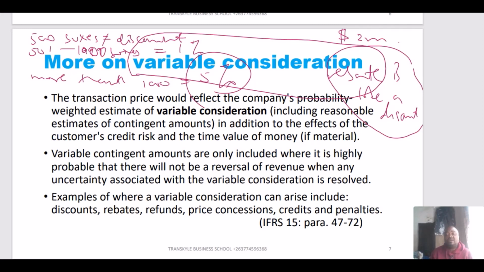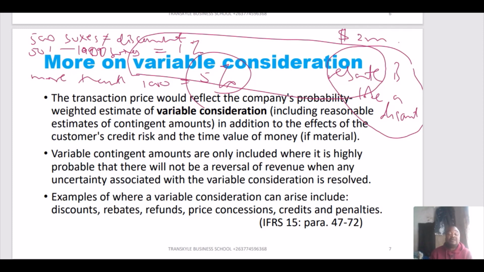That fits within the category of variable consideration, because if the customer has the ability of meeting that threshold, then we need to expect a non-static, or non-fixed consideration, which is a variable one.